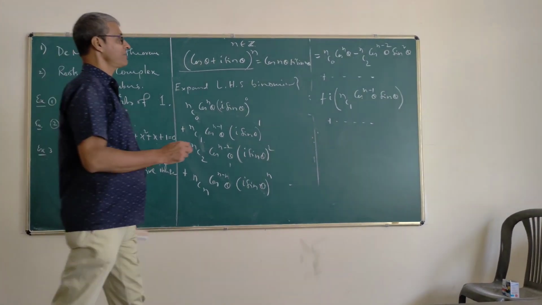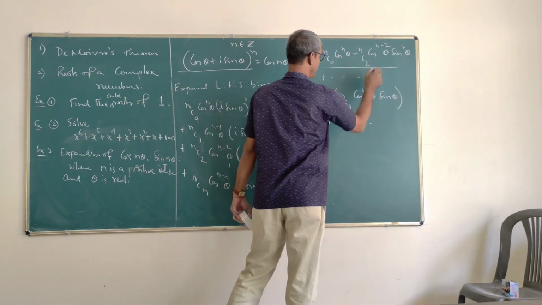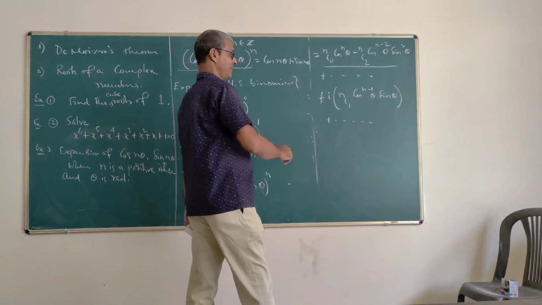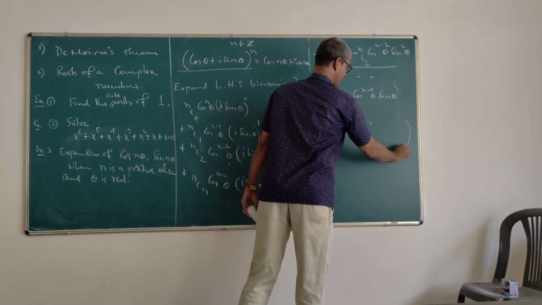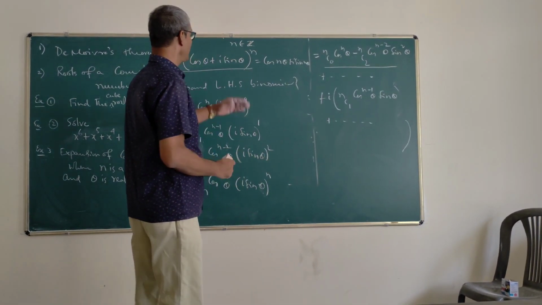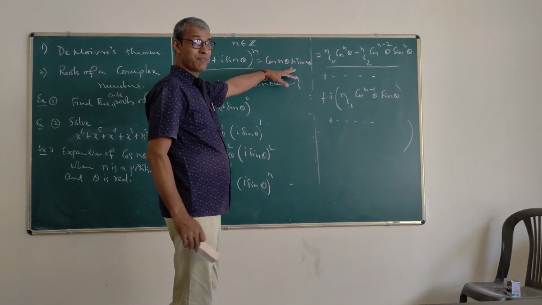So we have some terms having no i and some terms with i. Now the right hand side is already in a + ib form.